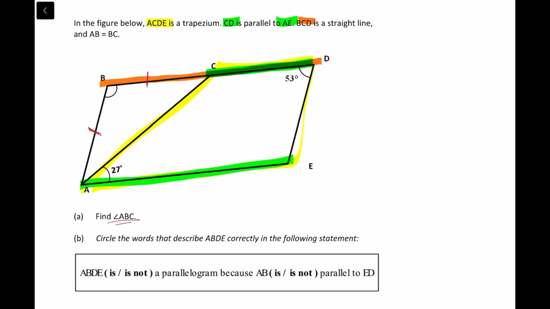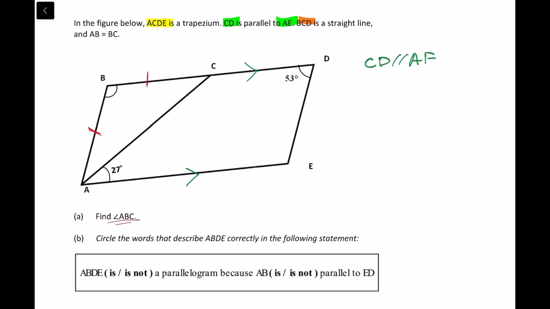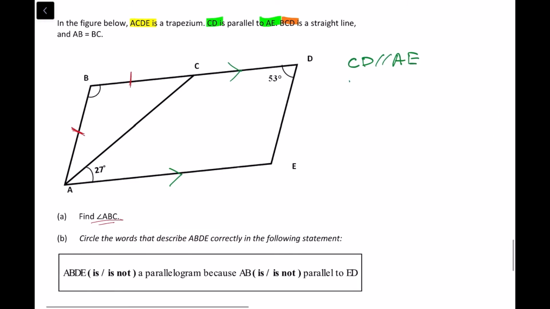This is not much of a problem. We know that CD is parallel to AE, and BCD is a straight line. So this means that BCD would also be parallel to AE.